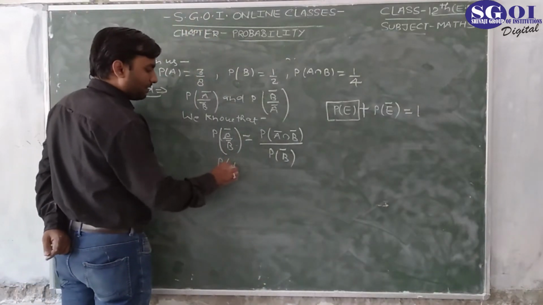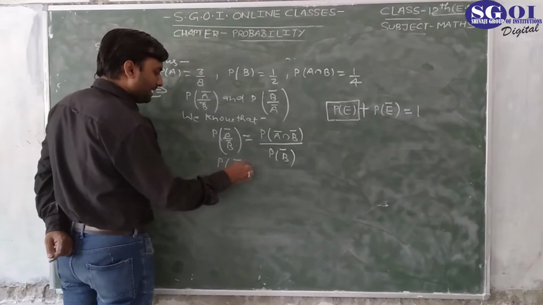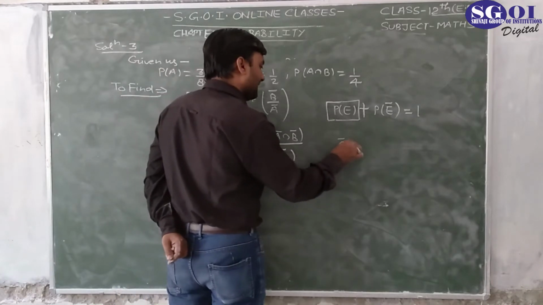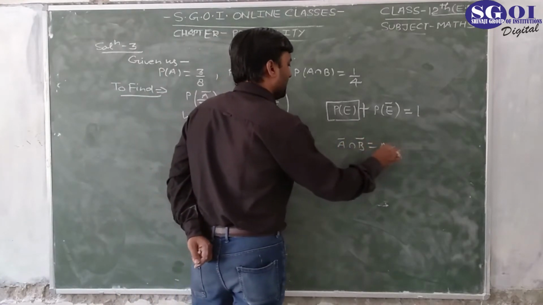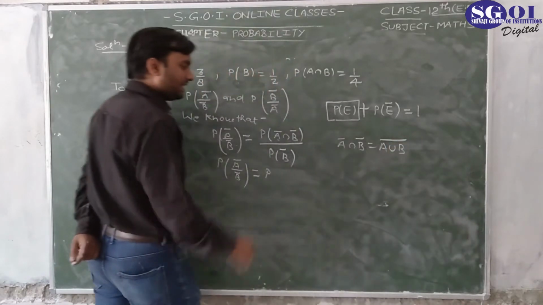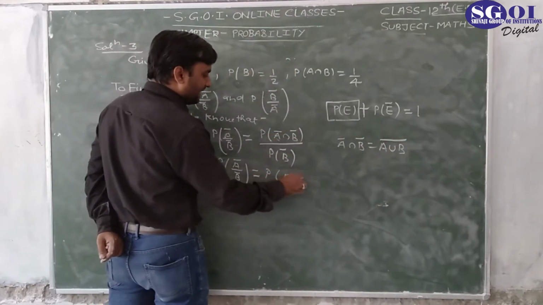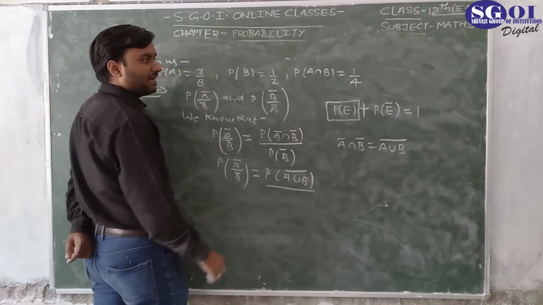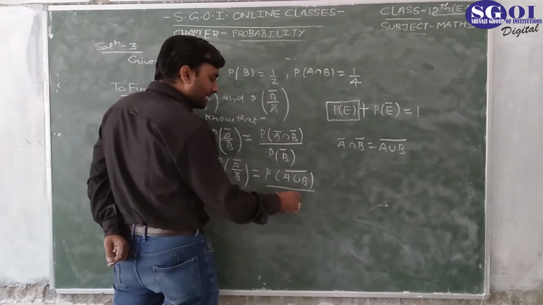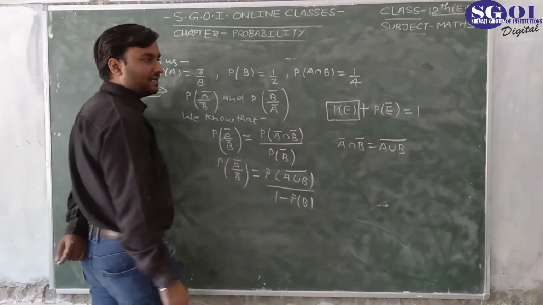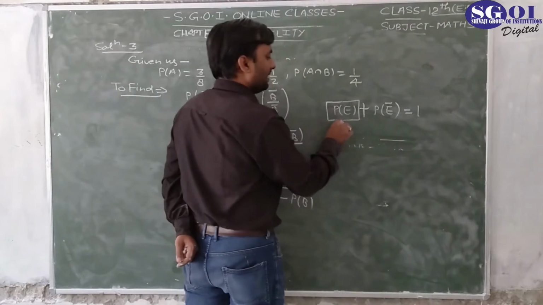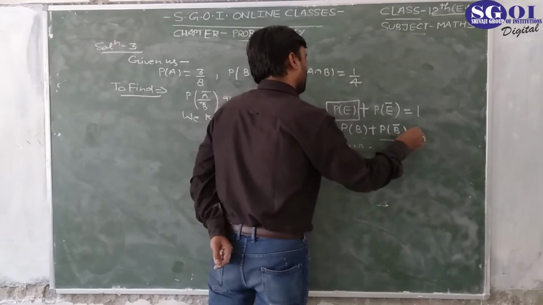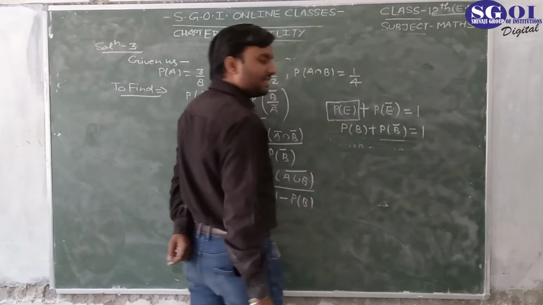So I can write probability of A bar upon B bar is equal to, we know that A bar intersection B bar is equal to A union B whole bar. So we can write A bar intersection B bar as A union B whole bar upon, what is the probability of B bar? We can write probability of B bar as 1 minus probability of B. By which formula? By this formula. If we replace E by B, then this formula becomes probability of B plus probability of B bar is equal to 1.